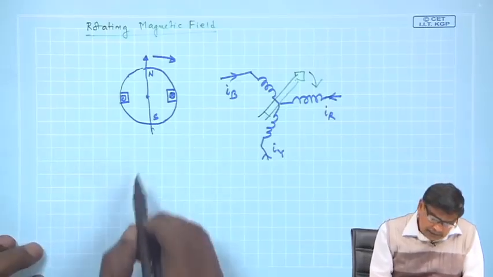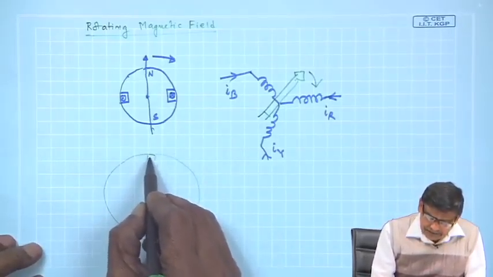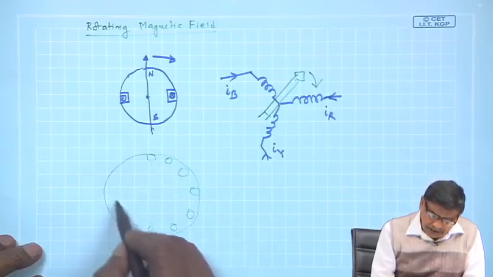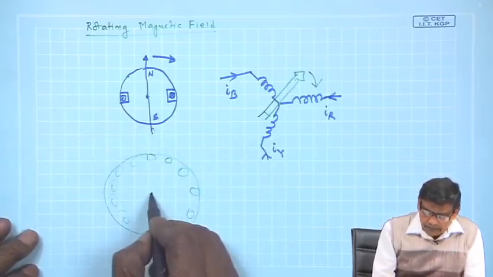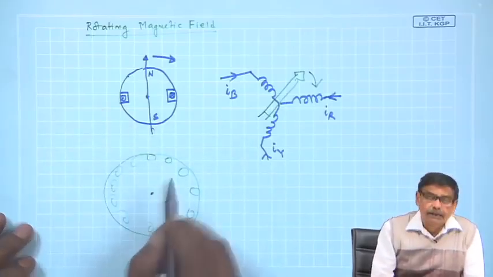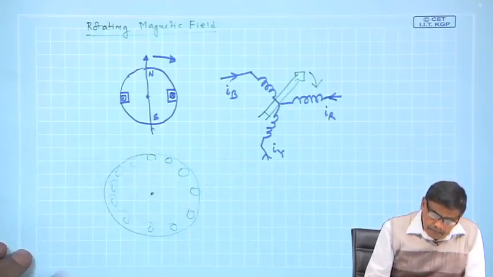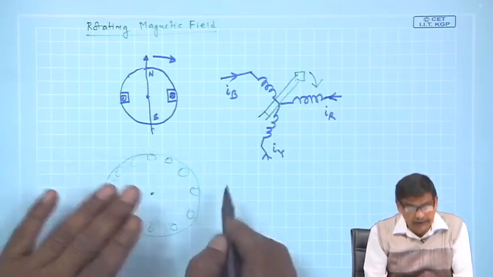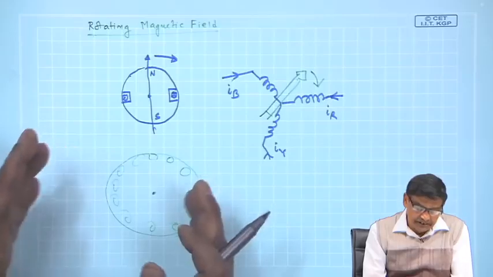What do I mean by that? Suppose you have a balanced 3-phase winding here. I will just show it like this, no point in drawing slots. Balanced 3-phase winding, suppose this can be rotated, there are R, Y, B phase coils, pass 3-phase current, and suppose this can be rotated mechanically also, but it is stationary now.